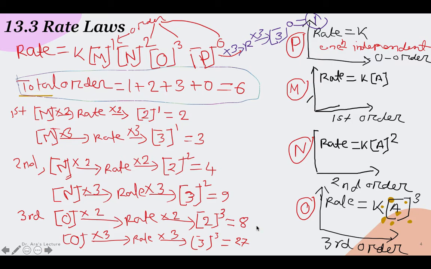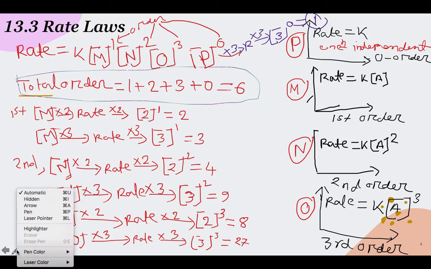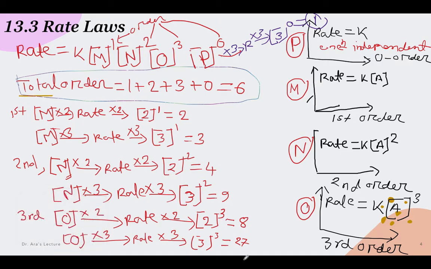I think you all know the basic chemistry: 2 multiplied by 2 multiplied by 2 equals 8. So this is how exponentially the rate value will increase.